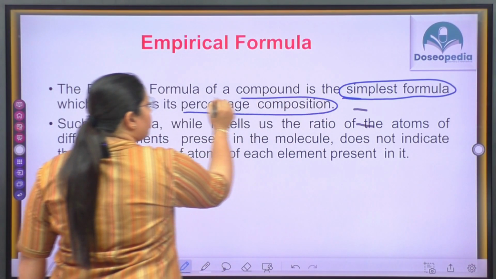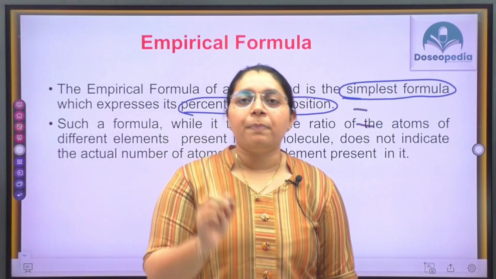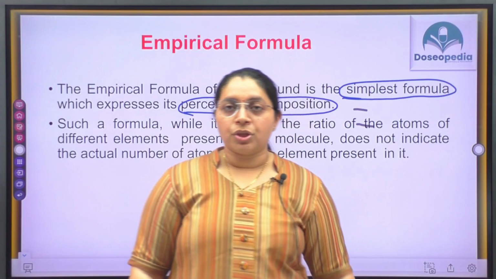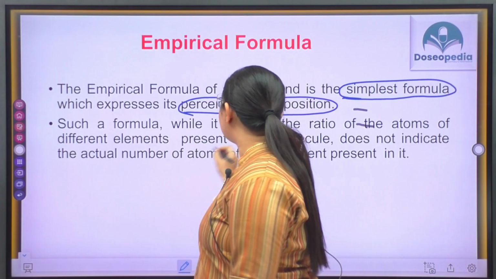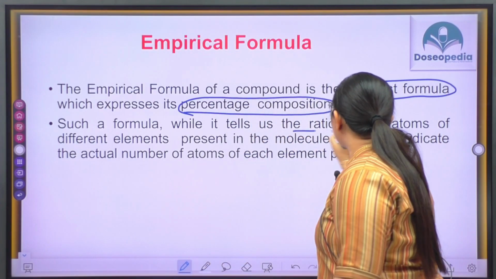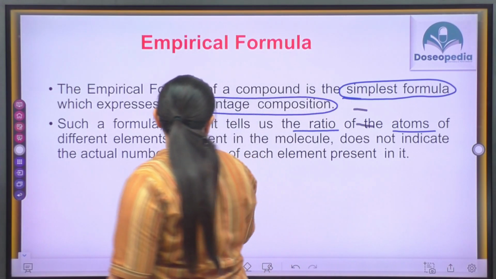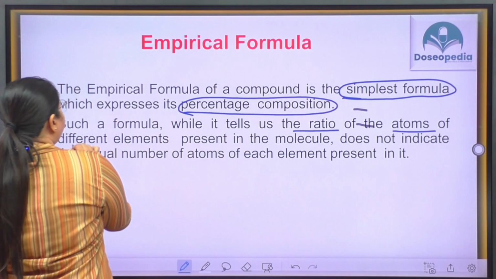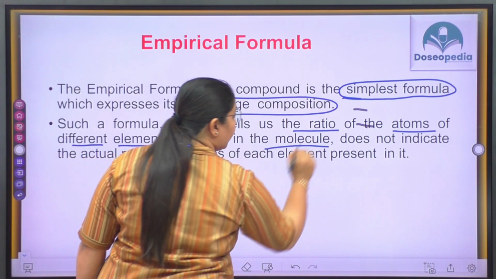So what is the use of the empirical formula? It represents the percentage composition. It means that this formula tells us the ratio of the atoms of different elements which are present in the molecule.